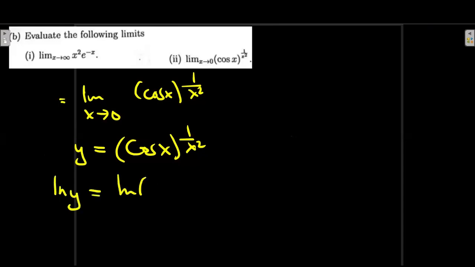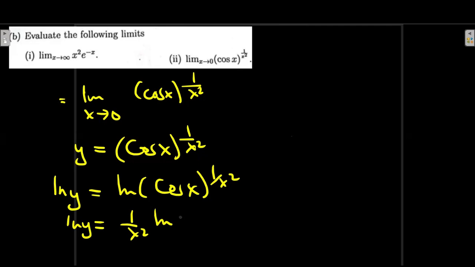Now, I can say let y equal the same function, 1 over cos x, to the power 1 over x squared. Then I can introduce ln on both sides. I get ln of y, and ln of 1 over cos x to the power 1 over x squared. This is a power, and according to logs, I can now drop that power. I can have 1 over x squared.